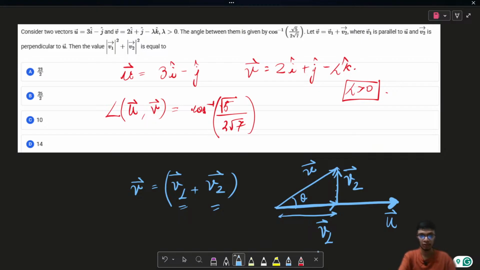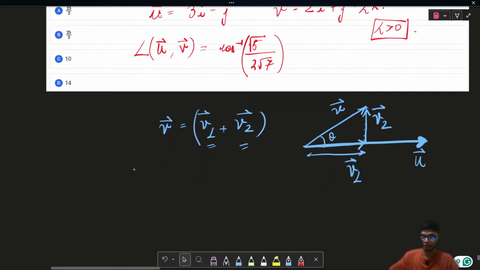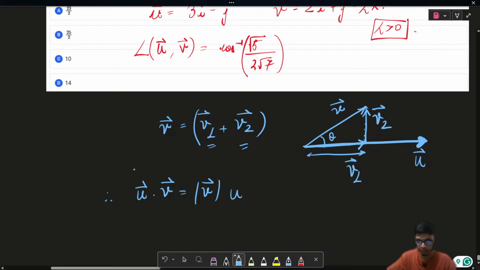So let's start. First, to analyze the angle between the vectors, I'm going to use the concept of dot product. If I do u dot v, the result is going to be mod of u mod of v times cosine of theta, and this cosine theta value is known to me.